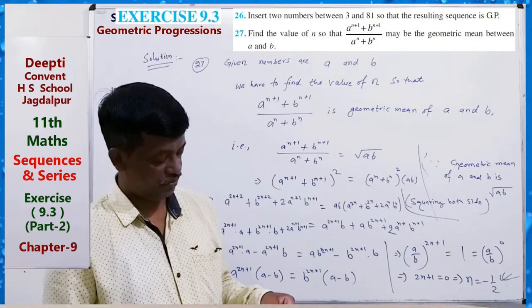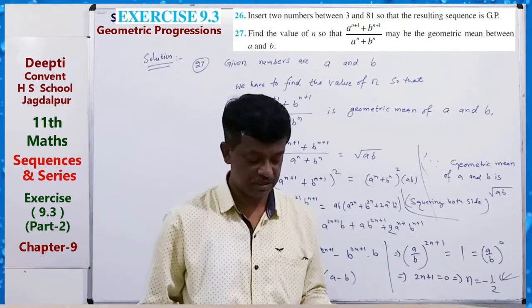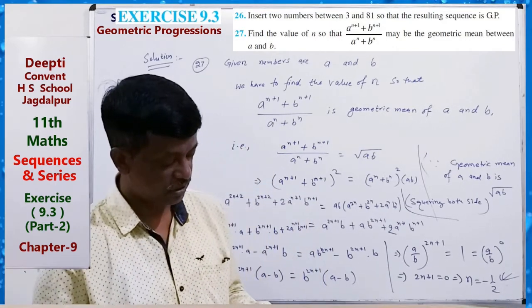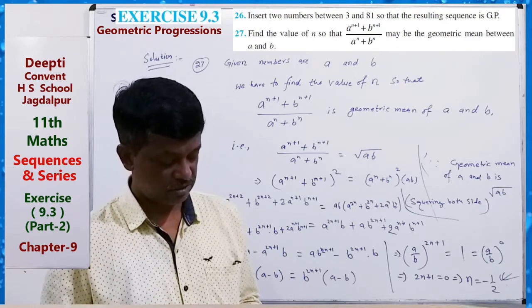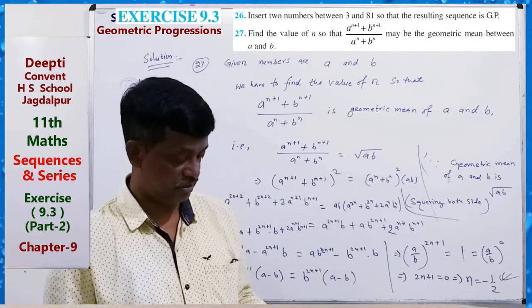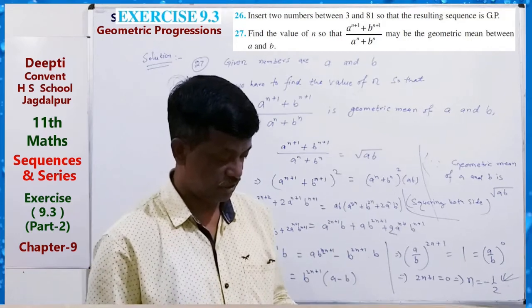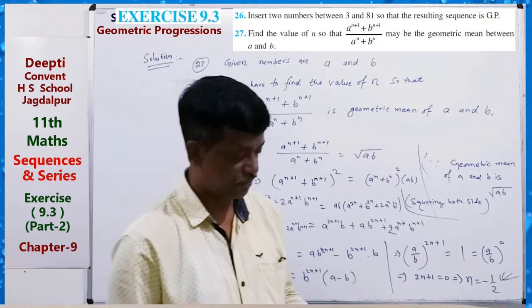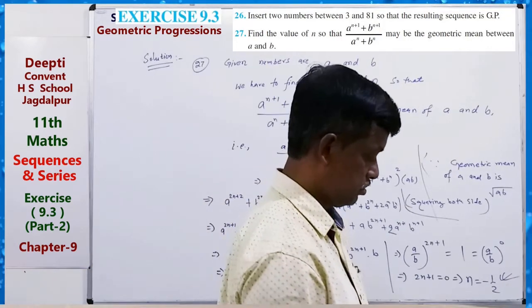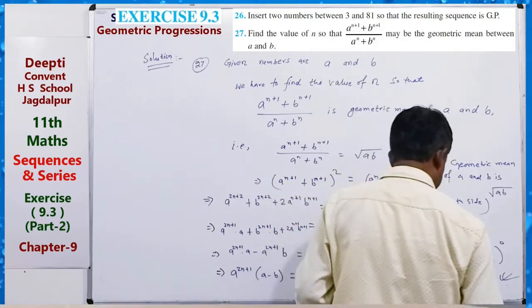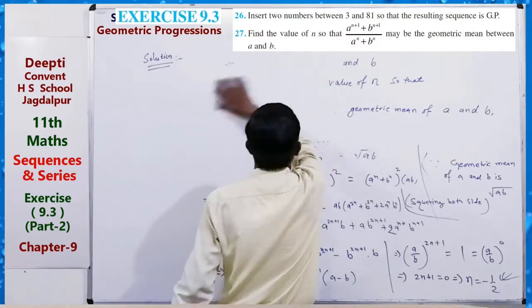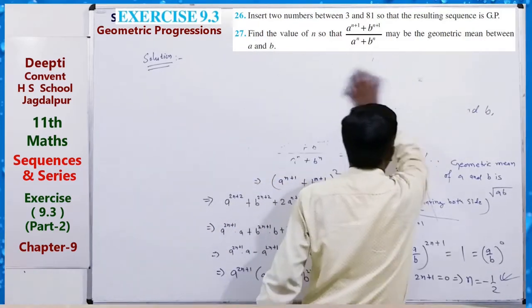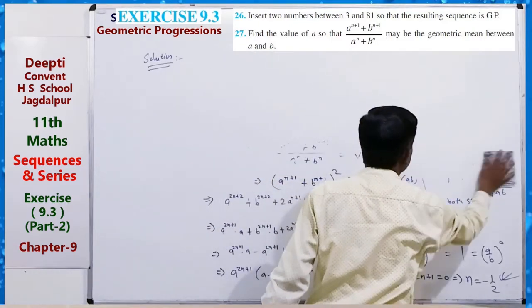And 29: if A and G are the arithmetic mean and geometric mean respectively between two positive numbers, prove that the numbers are this. So there's some difference in this question. Question 28 can be solved with a very simple technique for finding the numbers.